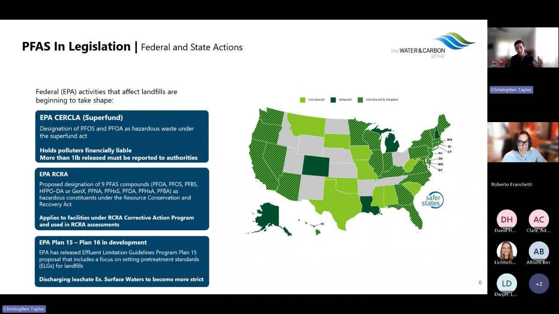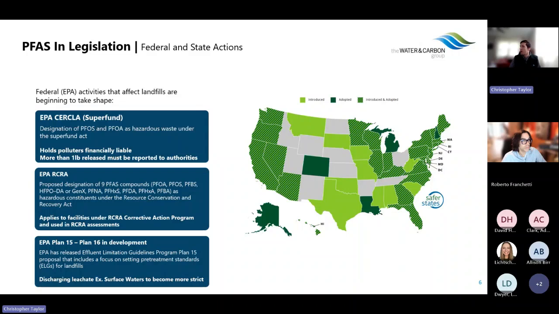They're being developed, basically trying to figure out the path forward for discharging to surface waters and getting regulations around that with respect to PFAS, but it's still in developmental phase. I know there is a Plan 16. There was an article, I think, a few weeks ago about the development of that, but I still think there's a lot of work to be done.